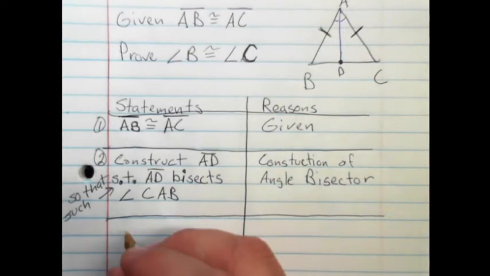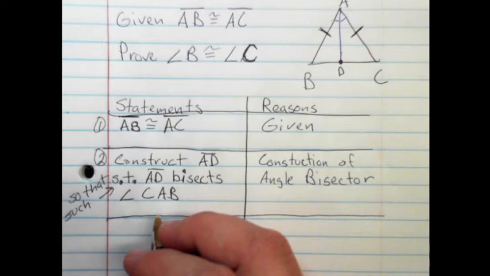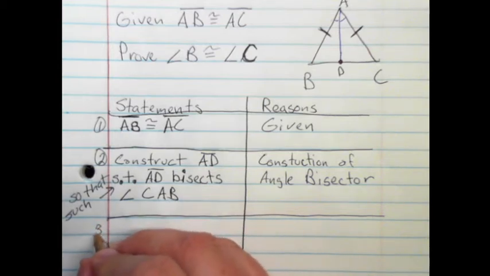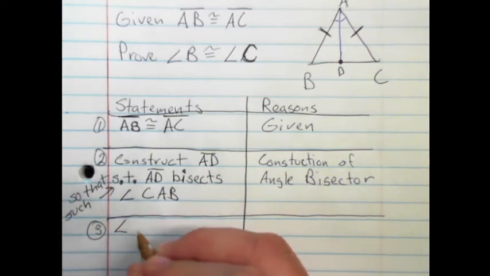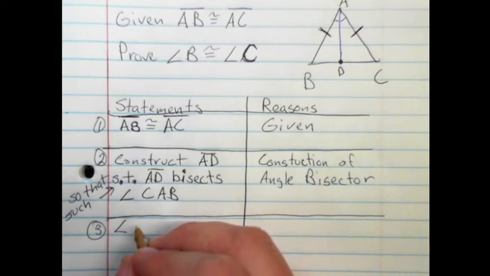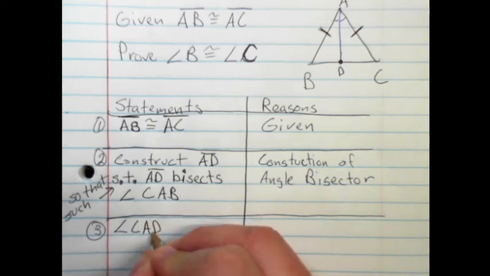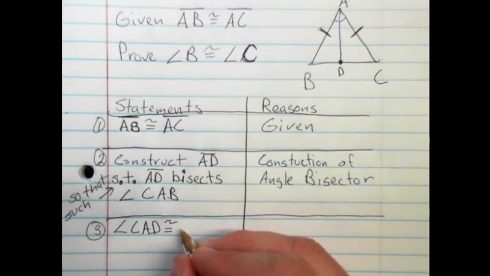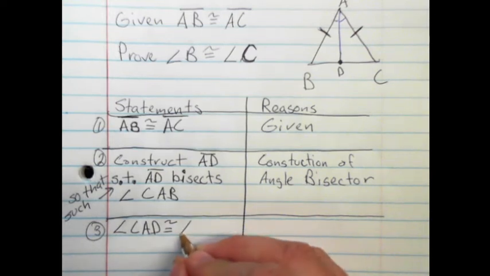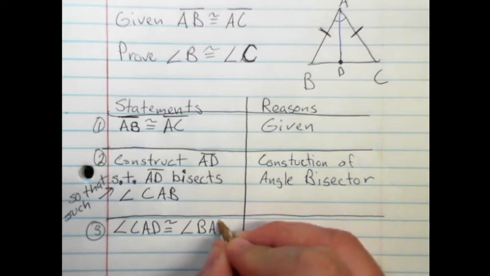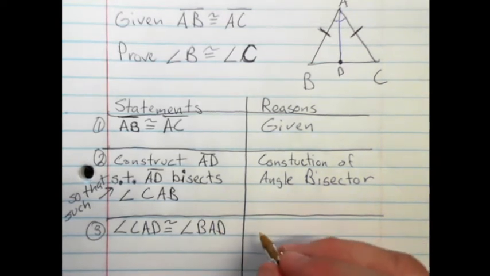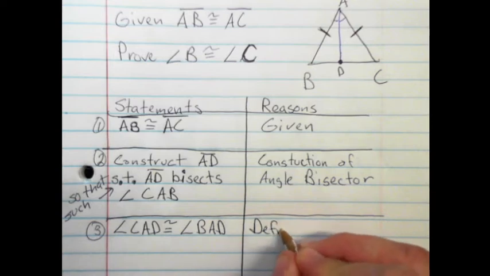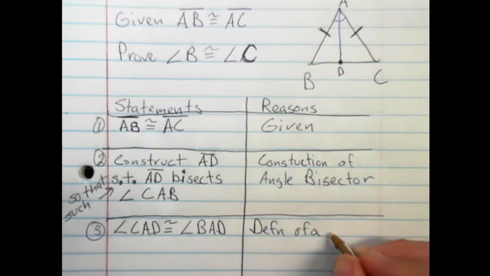So now based on that, we've determined that angle CAD is congruent to angle BAD. We know this because this is the definition of an angle bisector.